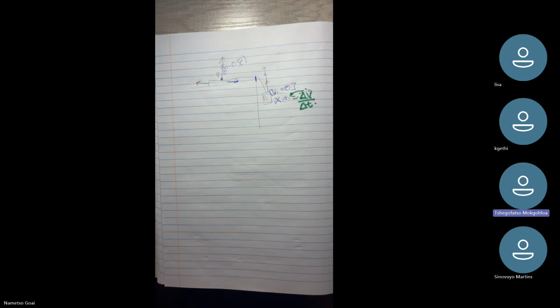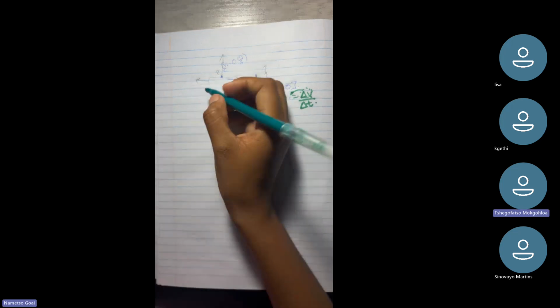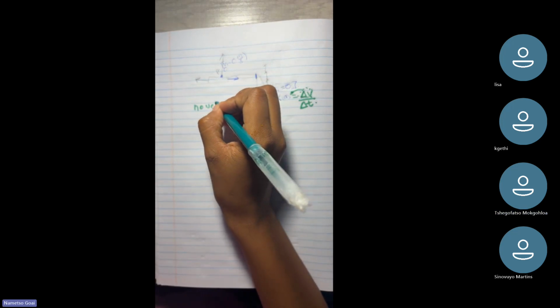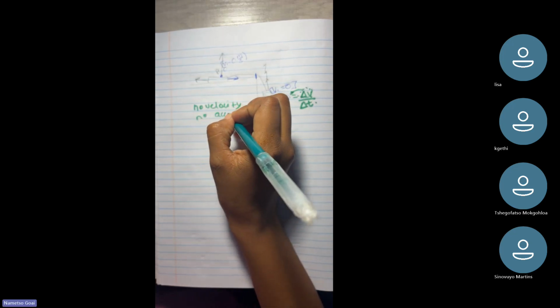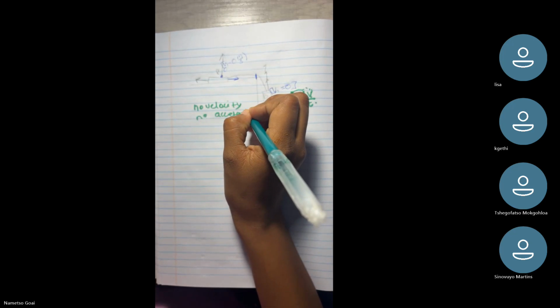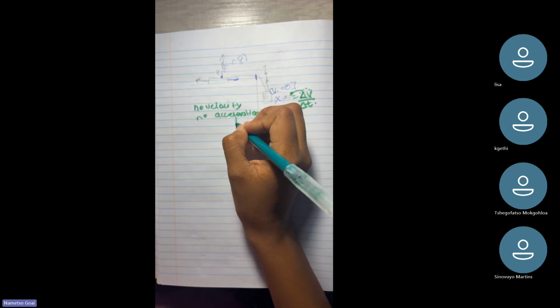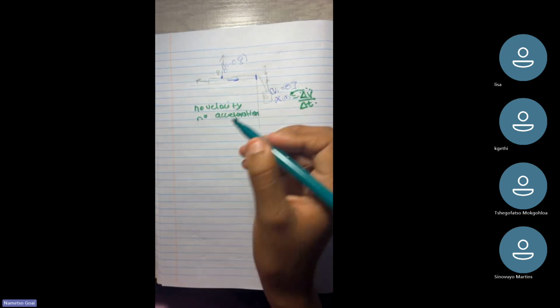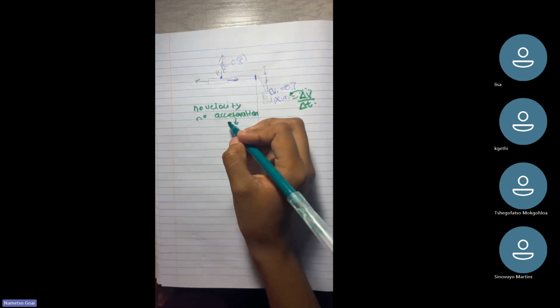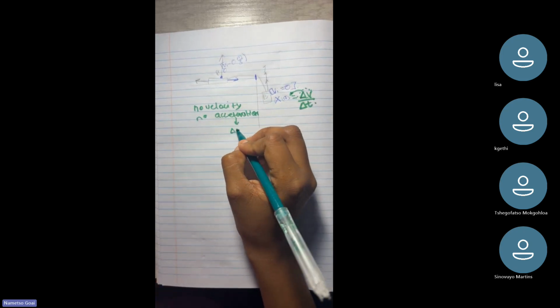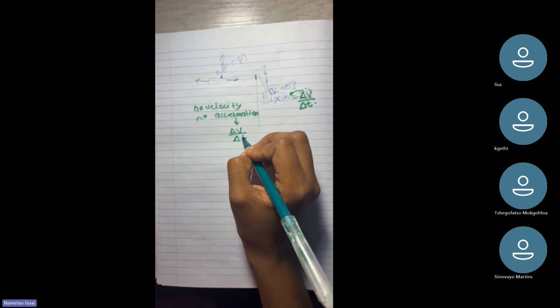If there's no velocity, there's no acceleration. Acceleration is just the name, but if you were to define it, you would say it's the change in velocity divided by the change in time.